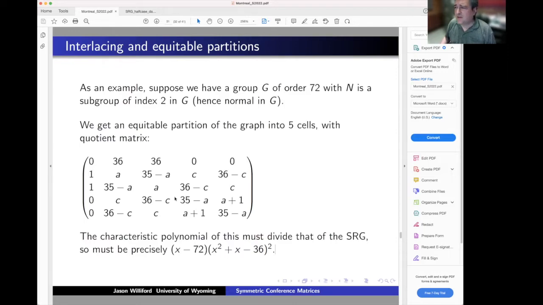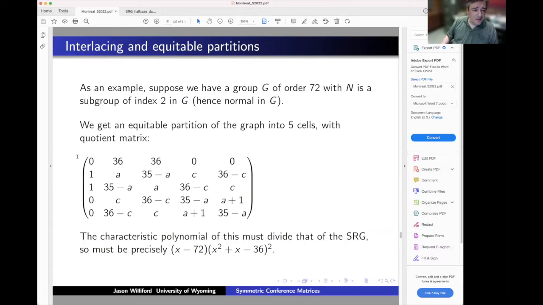Whereas if you had an integral eigenvalue graph, you could have more copies of one eigenvalue than another. And so here we know exactly what the characteristic polynomial has to be. So we end up with some possible solutions that we can look for.